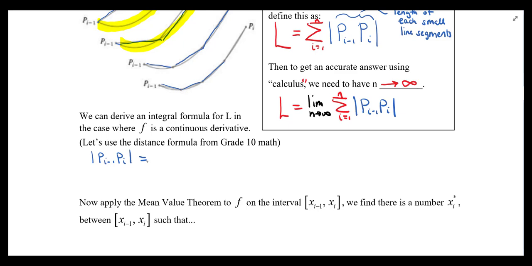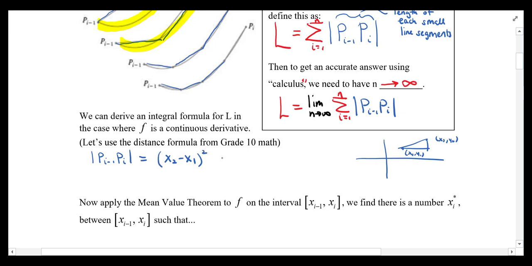And I hope you remember how to find the distance between two points from grade 10 math, pre-calculus. Got two points, x1, y1, x2, y2. The distance is just Pythagoras if you think about it: x sub 2 minus x sub 1 all squared plus y sub 2 minus y sub 1 all squared, and then the square root.